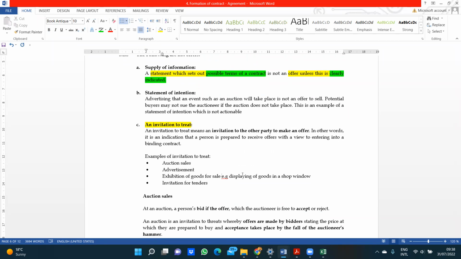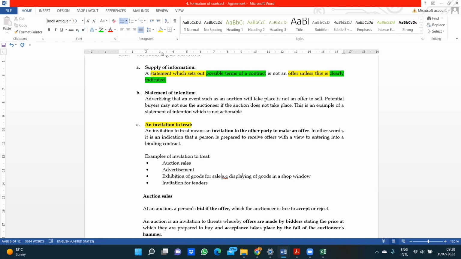Why is advertising not an offer? Because there can be some further negotiations when the other party wants to purchase. Say there are some shoes being sold for 1,000 Mauritian rupees. This is advertised on the shelf.